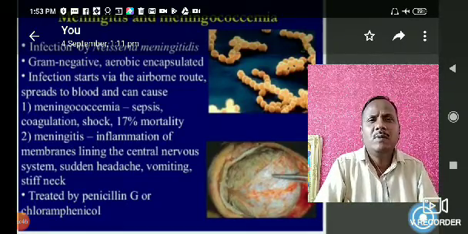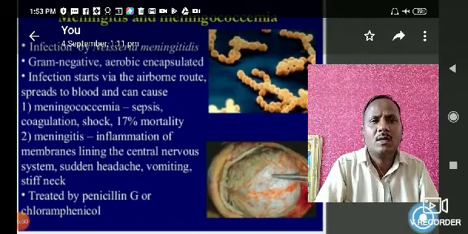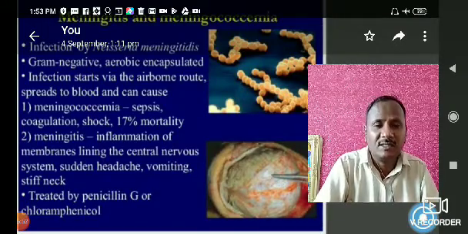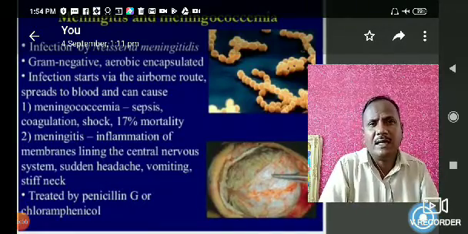It causes meningococcemia, sepsis, coagulation, shock, with 17% mortality.